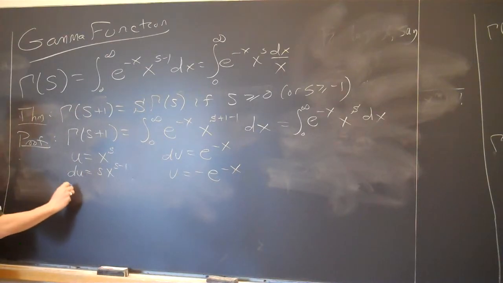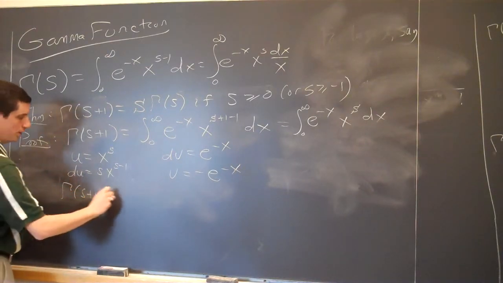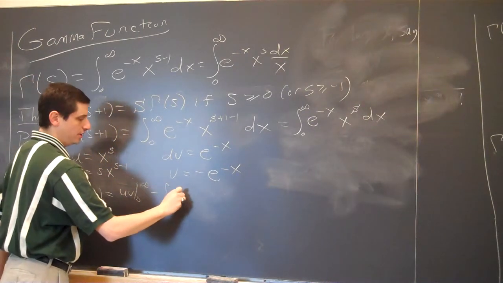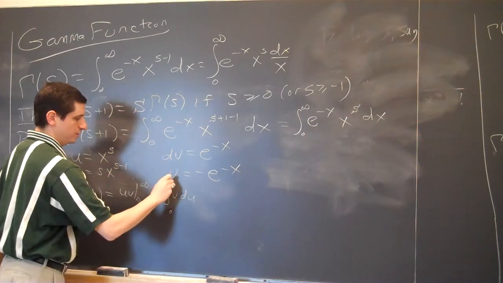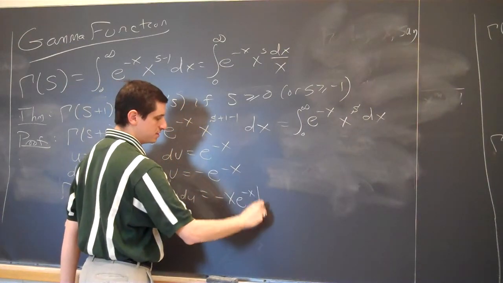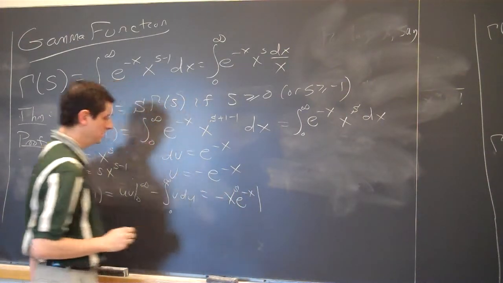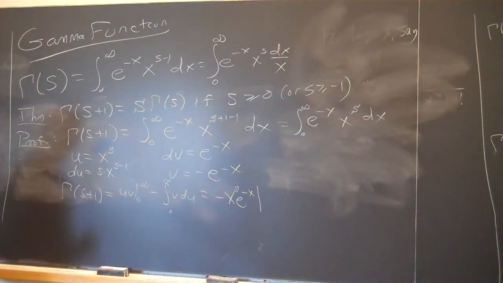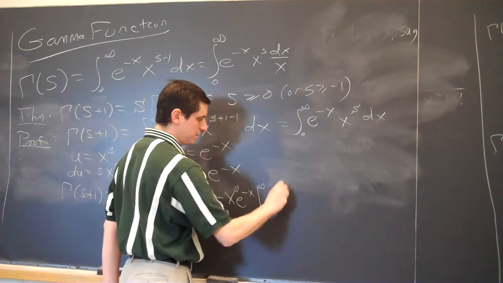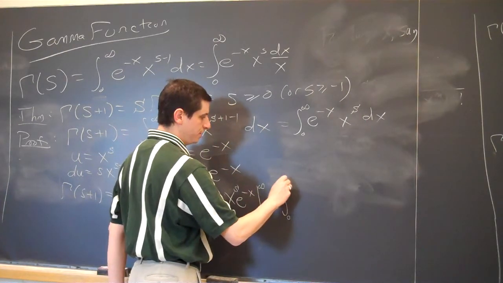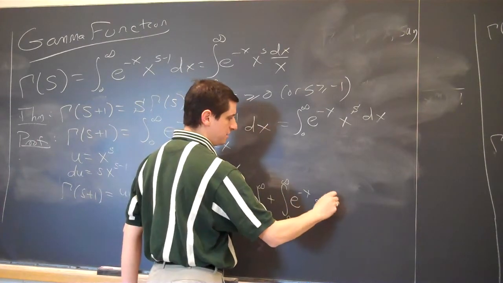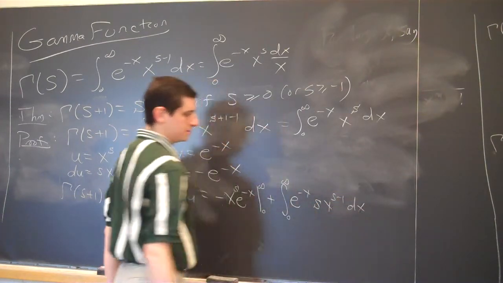And when we put everything together, we get gamma of s plus 1 is uv from 0 to infinity minus the integral of v du, 0 to infinity, which is going to be negative x to the s, e to the negative x from 0 to infinity, plus the integral from 0 to infinity of e to the negative x, s x to the s minus 1 dx.